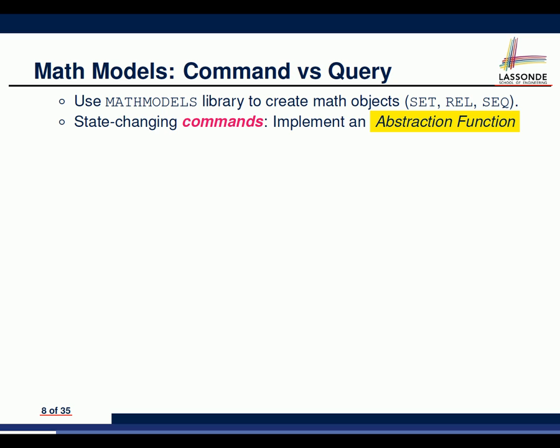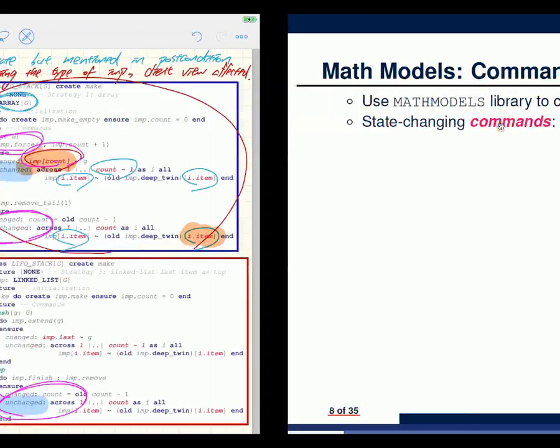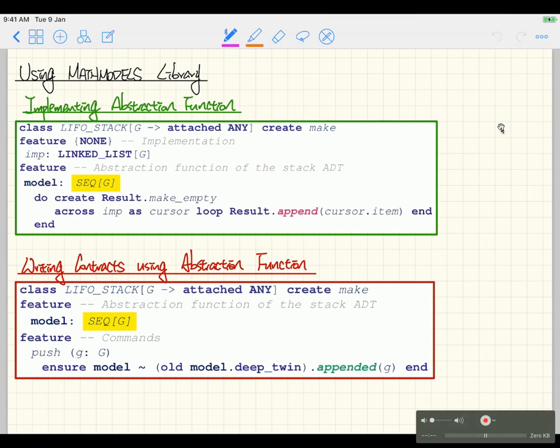What I will do is simply go to the iPad. So we have two fragments of code over here. Let's see how to understand them, and then we'll do some examples. Basically, we're going to add one single query to our stack class.